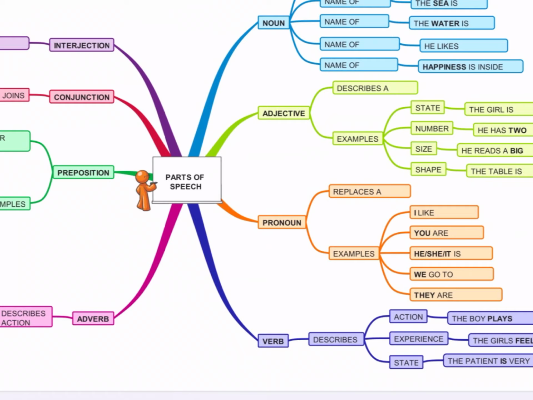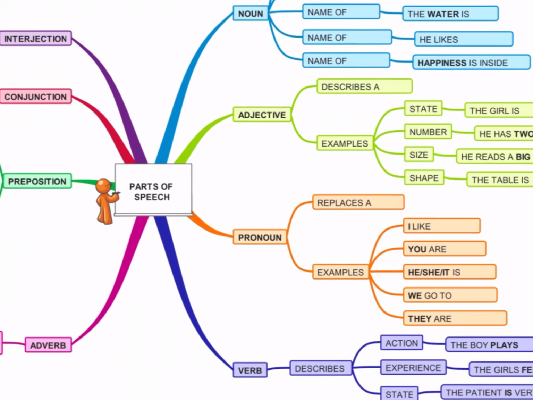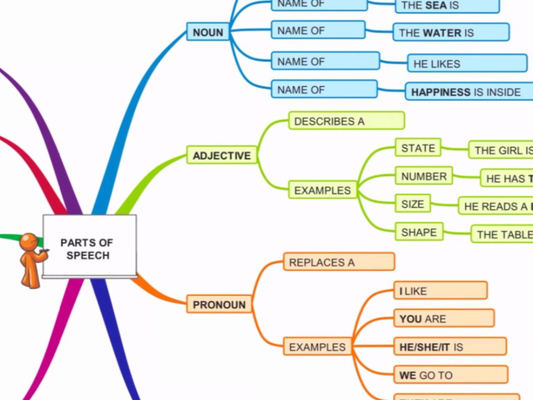So we said an adjective is a word or a phrase that describes a noun or a pronoun. Again, an adjective is a word or phrase that describes a noun or a pronoun.